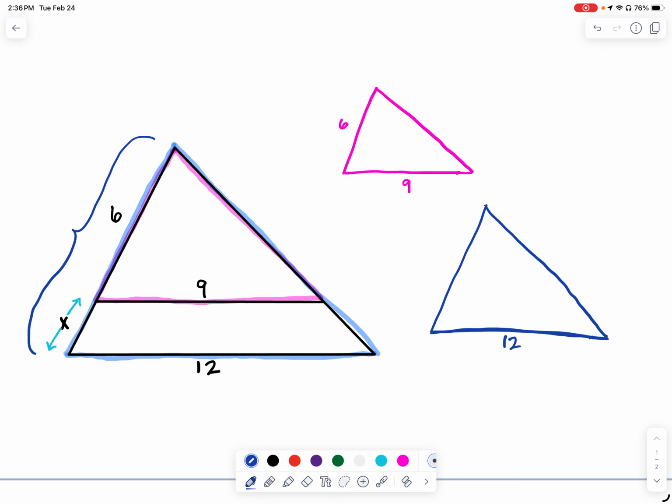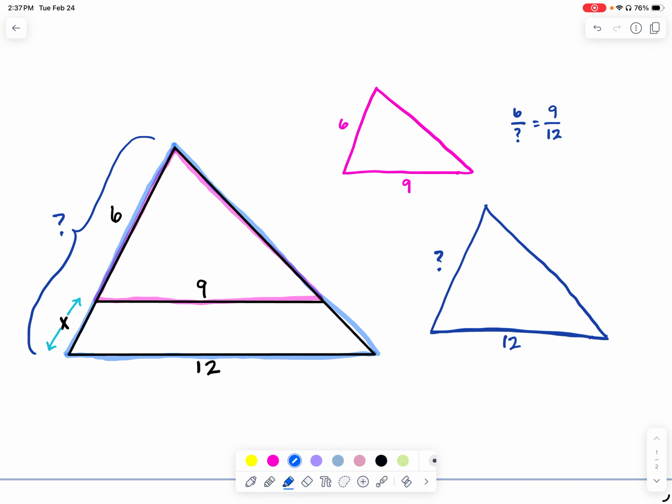For the purposes of starting to solve this problem, I'm just going to think of this as my unknown, and I'm going to put a question mark there. I could put a variable there instead, but now I've turned that into a problem that I know how to solve. So from there, I'm going to set up my proportion. I'm going to say 6 over that unknown side is equal to 9 over 12.